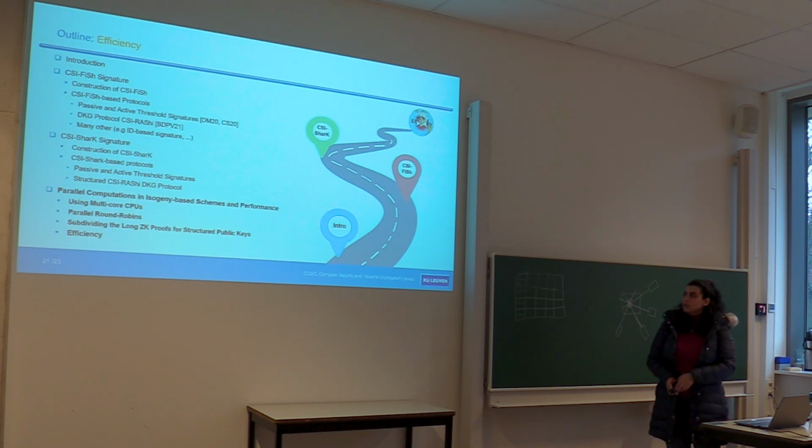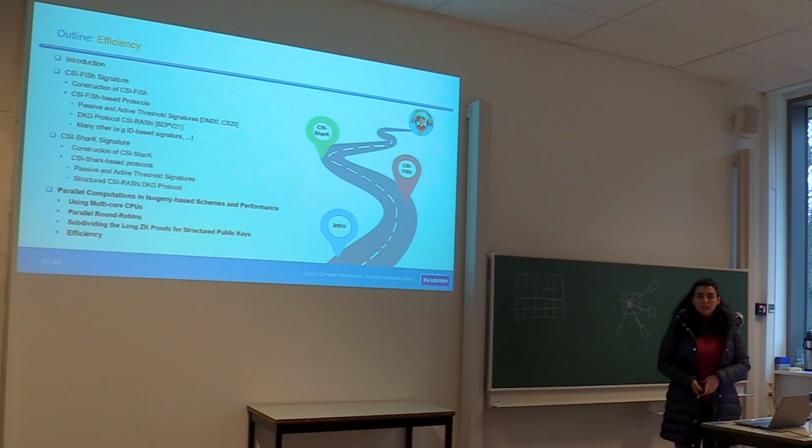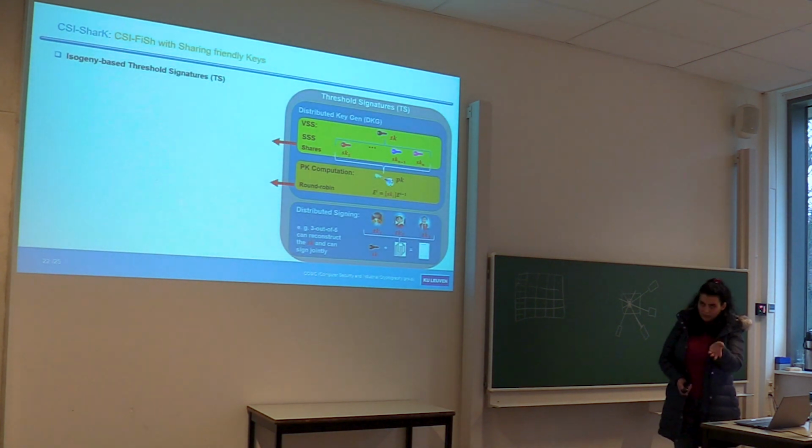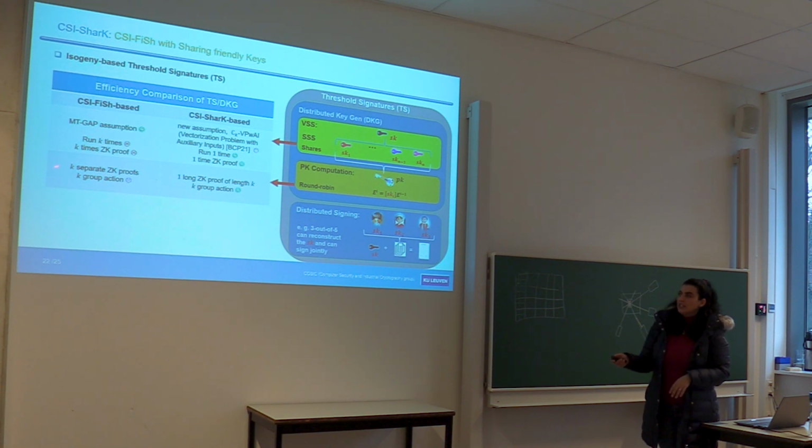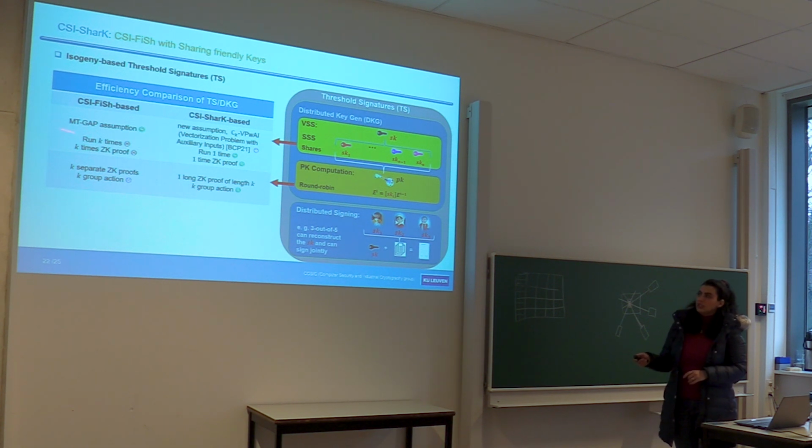Okay, let's move to the performance of our construction. In total, wherever you saw this k, we decreased it. For verifiable secret sharing, we needed to run k times in CSI-FiSh-based, but here we need to run it one time.